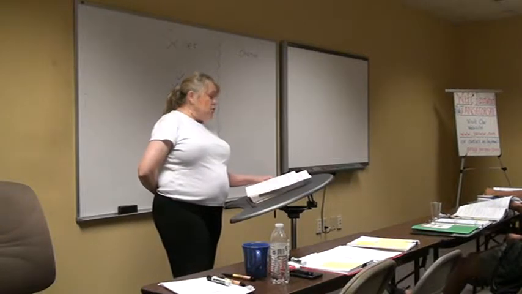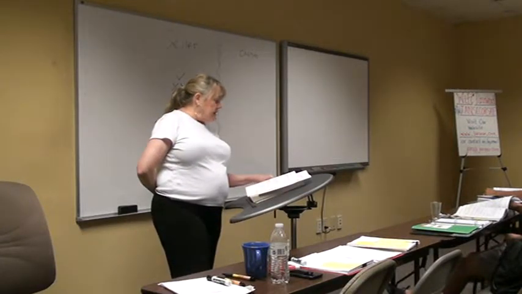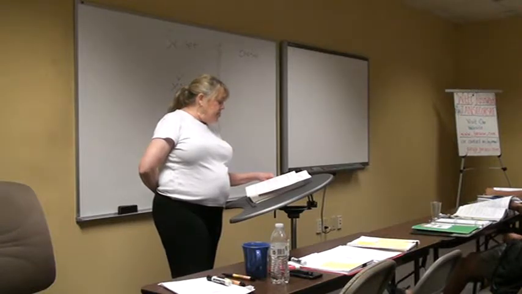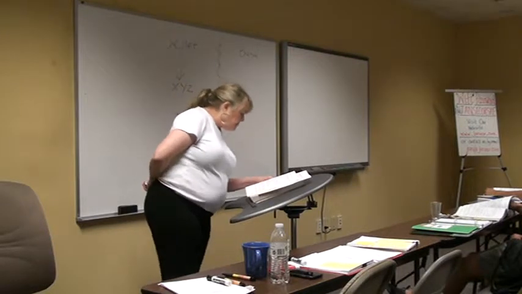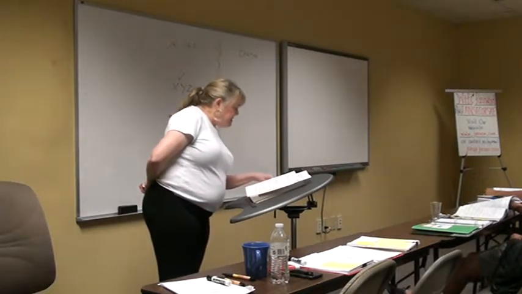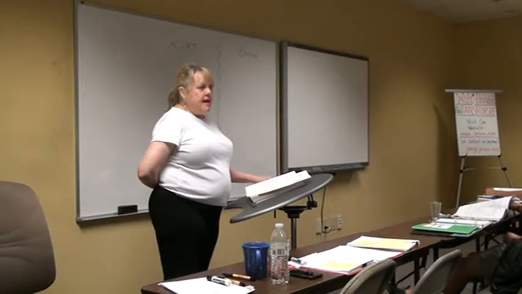Look at the very first part. The exclusive right to sell listing agreement is entered into between the seller, and you would fill in their full name, and the listing firm. The firm is the seller's agent, everybody, not you, not me.